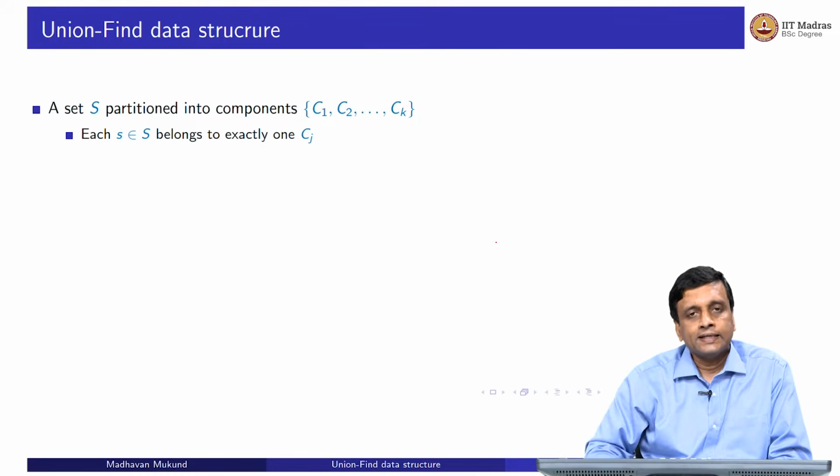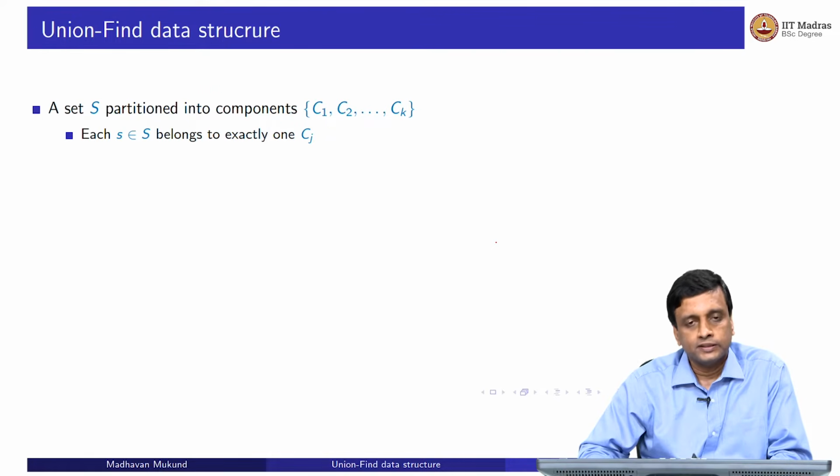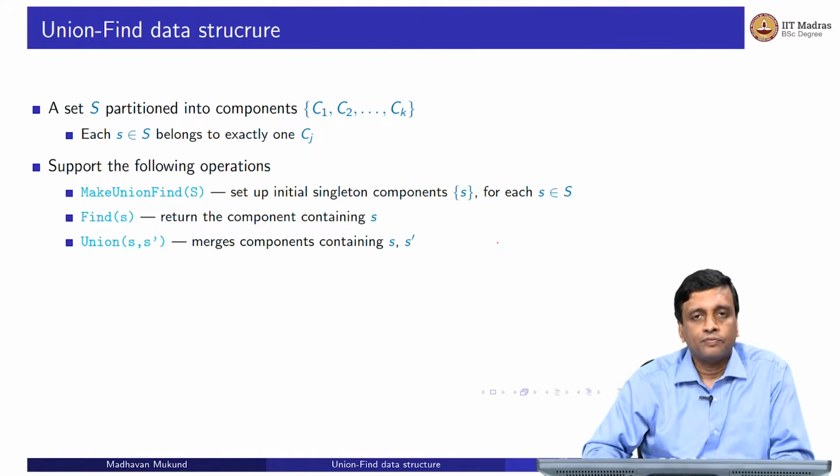So what we need is a data structure which can implement these operations. So essentially we have a set of elements which is partitioned into components. So as we said, partition means that C1 union C2 union Ck is actually all of S, and each element small s in S belongs to exactly one of the Ci's or Cj's. So this is what it means to be a partition, and now we need to first create the initial partition.